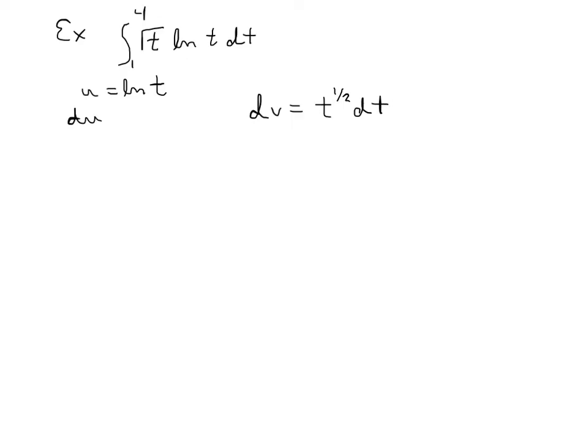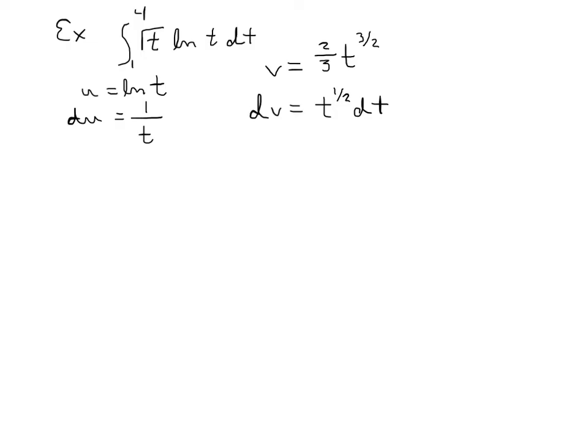So we take a derivative of natural log of t, that's 1 over t. And I'm going to integrate t to the 1/2, so I have to add 1 to that exponent. That's 3/2. Divide by 3/2, which is the same as multiplying by 2/3.